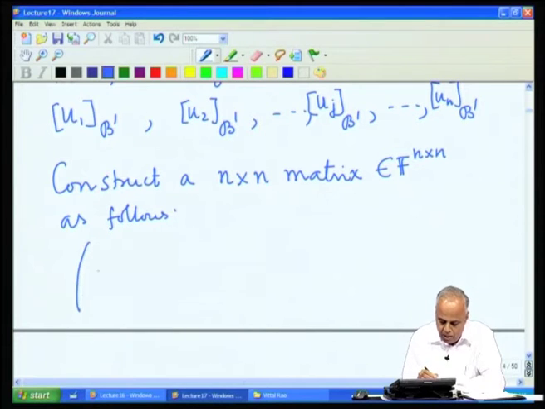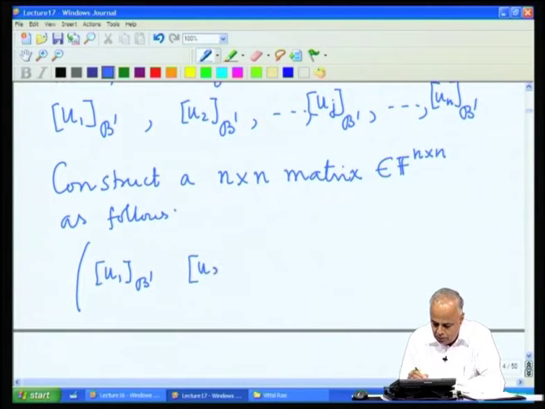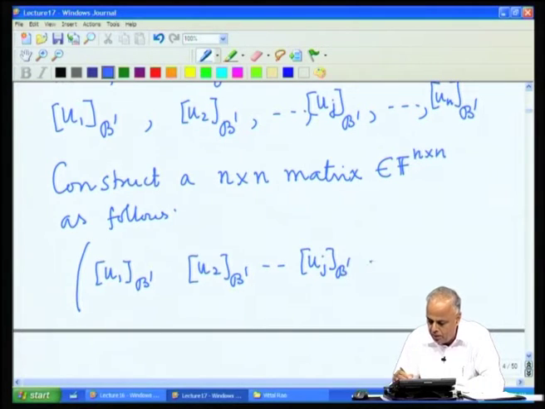Its first column is u1 B prime, its second column is u2 B prime, its jth column is uj B prime, and so on, its nth column is un B prime.